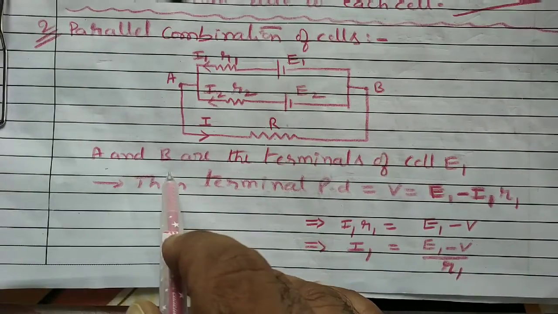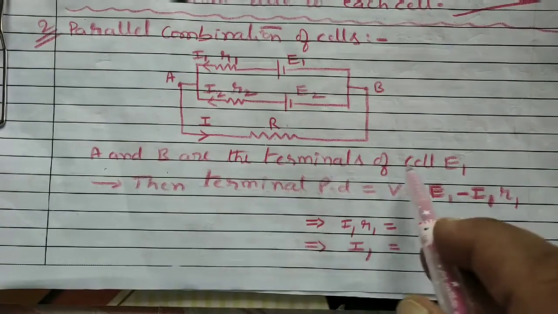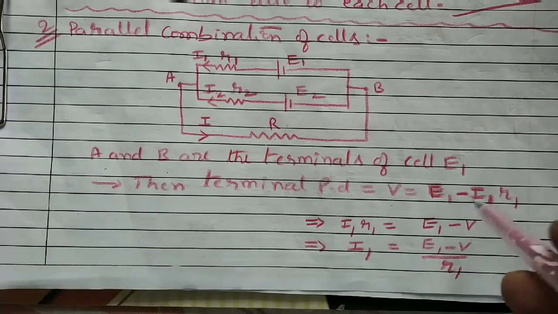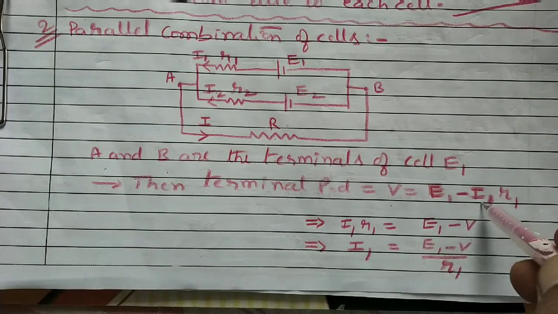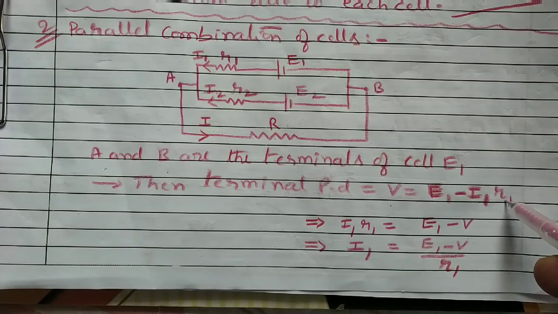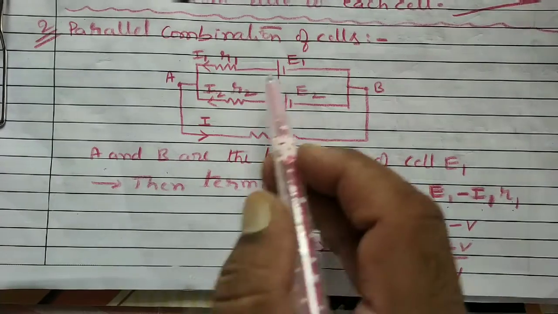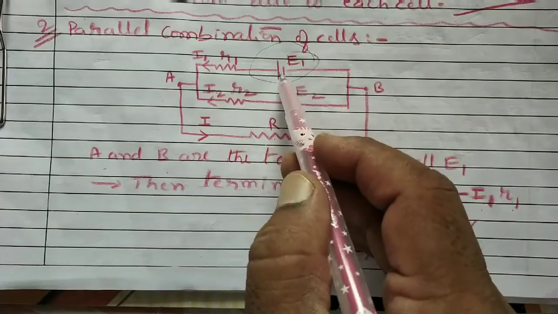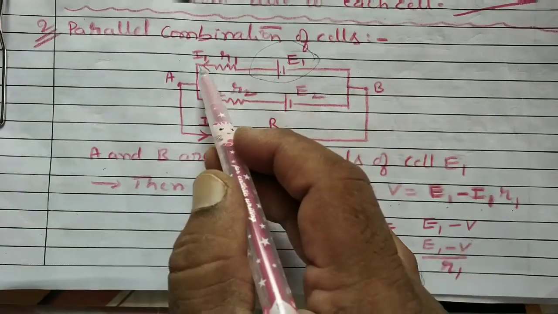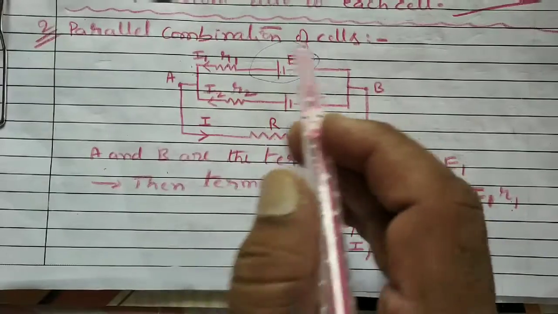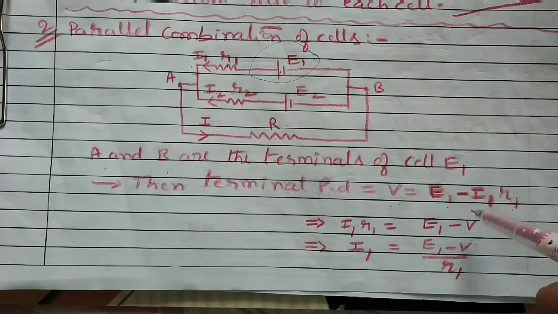Now A and B are the terminals of cell E1. That is why terminal potential difference V is equal to cell EMF minus current into internal resistance. So V is equal to E1 minus I1 R1, because cell E1 only, you see, has internal resistance R1 and through that the current passing is I1. So across the terminals the potential difference must be cell EMF minus current into internal resistance, so E1 minus I1 into R1.